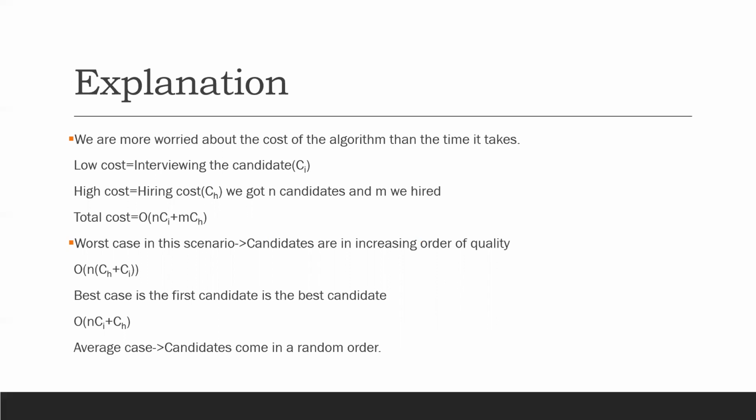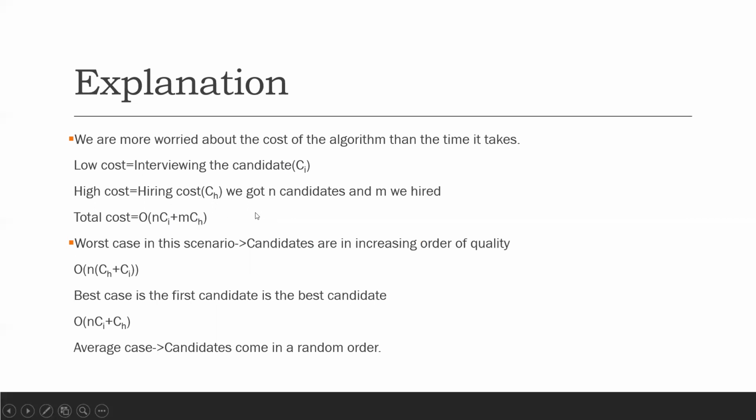Let's say Ci is the cost it takes for interviewing the candidate, Ch is the cost needed to hire a candidate, and we have n candidates, and let's say we have hired all n candidates. So the total cost here would be n times Ci plus n times Ch, as shown here.